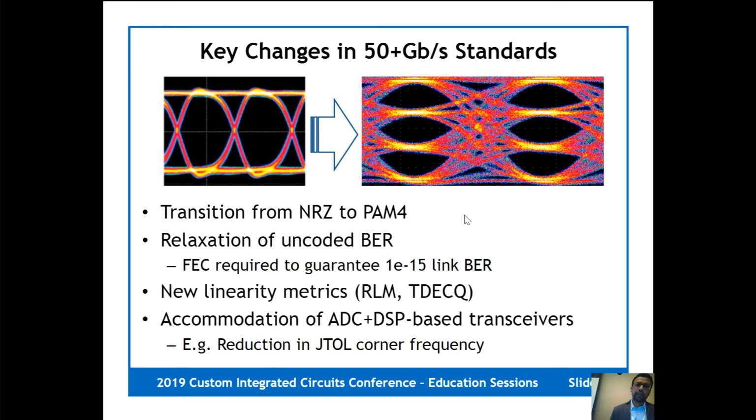So before looking at the standards themselves, I just want to summarize the key changes in 50 gig and beyond versus what we saw before at 25 to 28 gig speeds. Probably the biggest and most important one has been the transition from binary or NRZ signaling to 4-level PAM4 modulation.